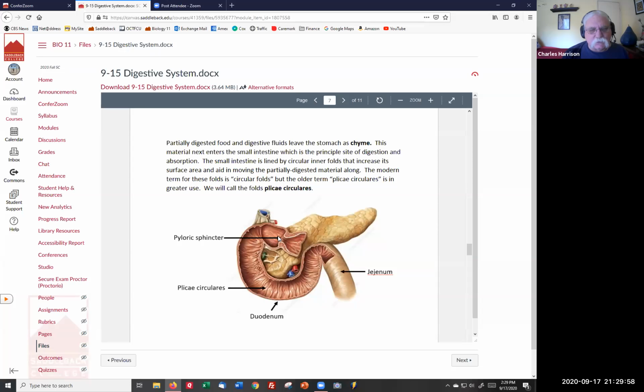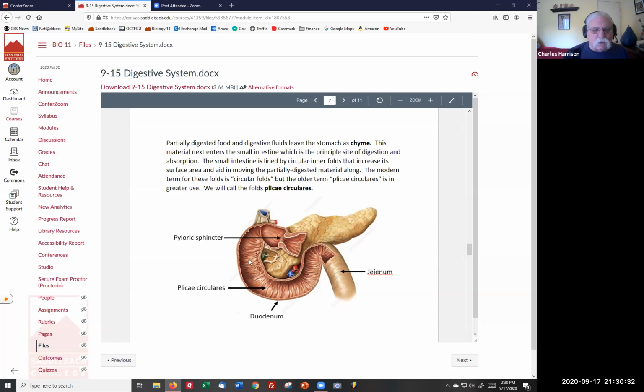And then you enter into the duodenum, the first part of the small intestine. The small intestine is the prime site of digestion and absorption. Digests more food here and absorbs it here. Not just in the duodenum, which I'm showing, which is the cutaway portion. This is the duodenum. It circles back under the stomach and surrounds this organ, the pancreas.